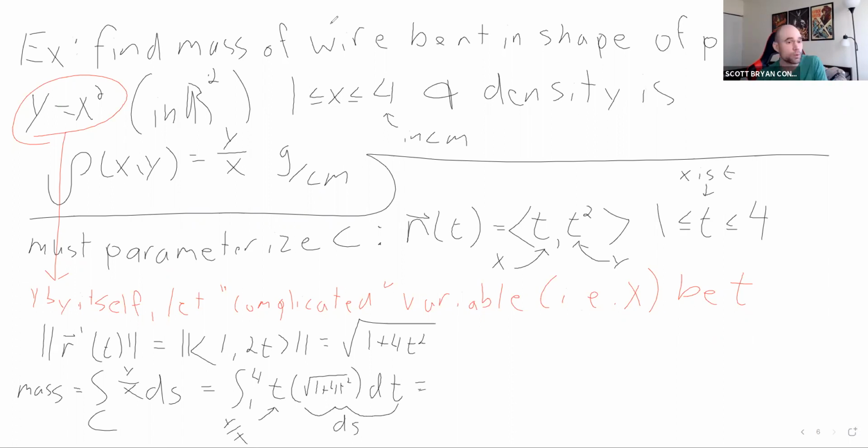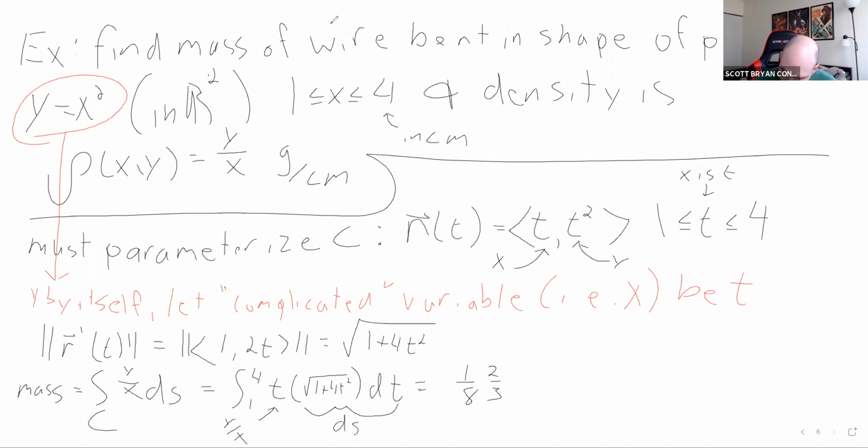And this is a 140 integration. We just use substitution. So let u be 1 plus 4t squared. du is going to be 8t dt. So we have t dt, so we have 1/8 du. So the square root of u is going to go to 2/3 u to the 3/2.